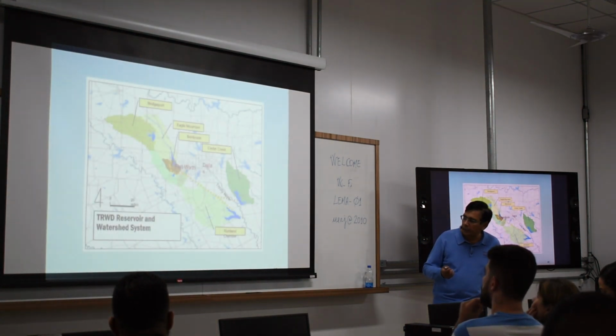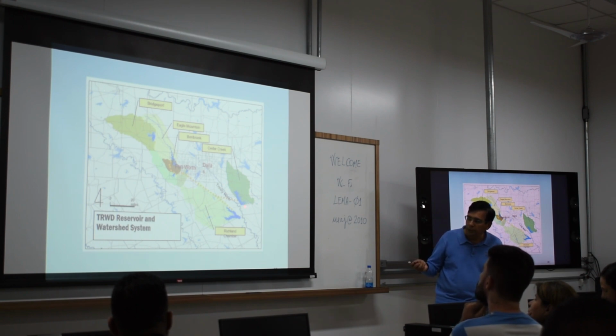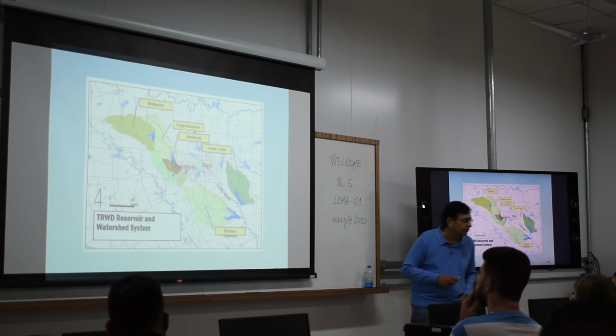So this is the lake. They manage 5 lakes, 1, 2, 3, 4, and 5. The watershed that I'm talking about today is just this watershed here, Cedar Creek, and they supply the water for the entire city of Dallas and Fort Worth.